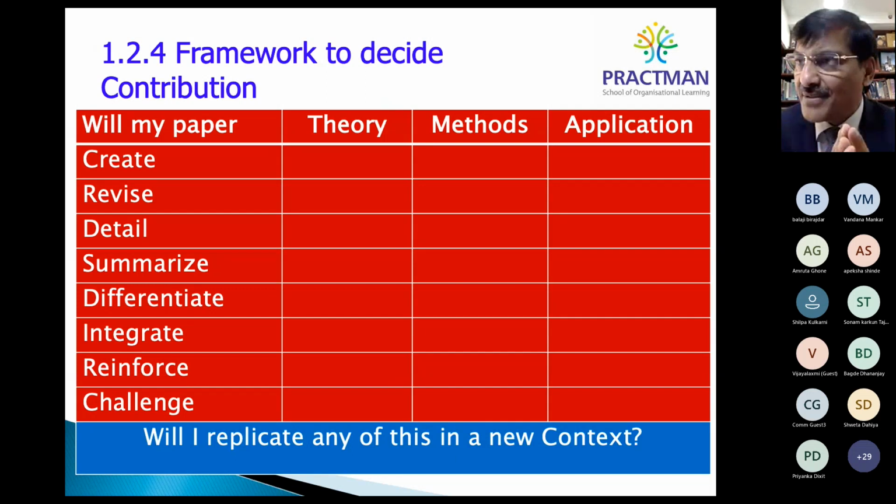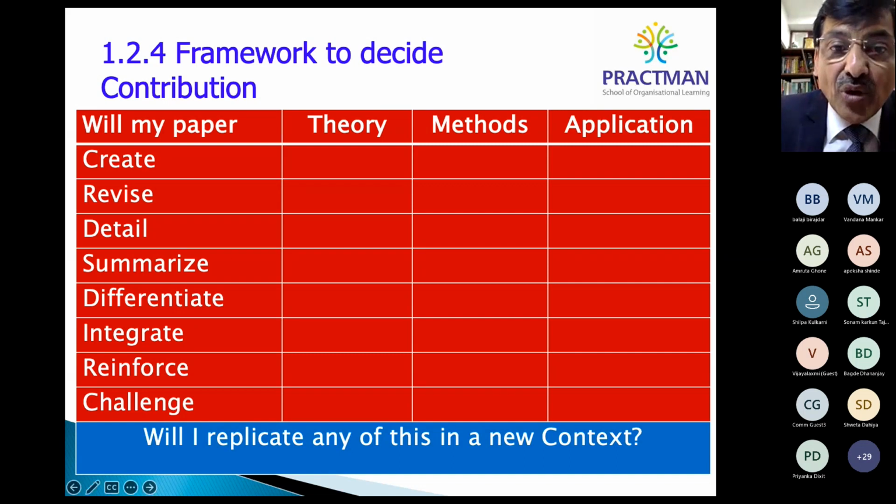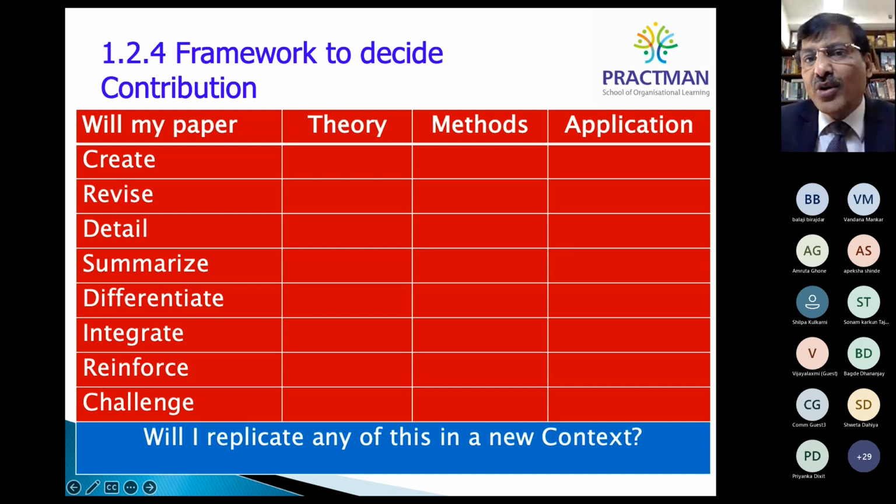That framework is, as a researcher, when you are choosing your research problem, you have to be very clear: will my research paper or my research topic make a theoretical contribution? Will it make primarily a methodological contribution, or will it just apply the existing theory or methods?